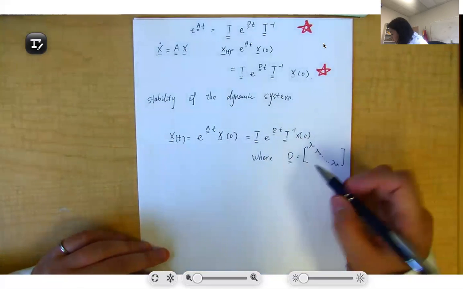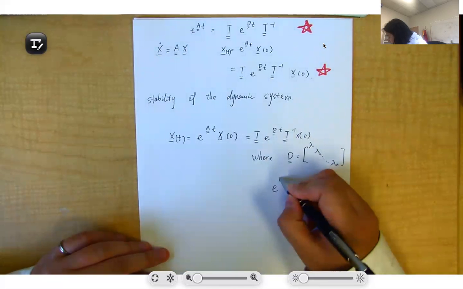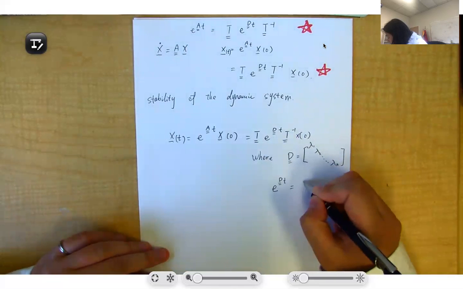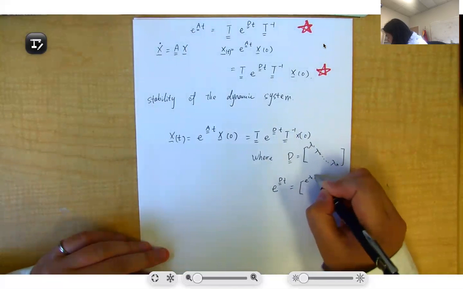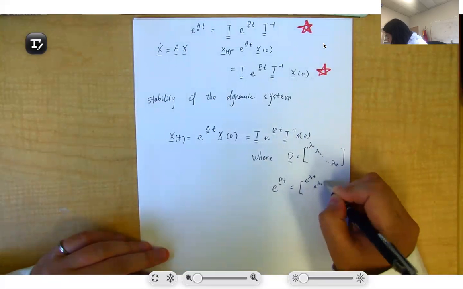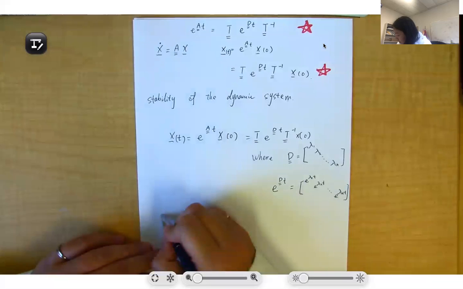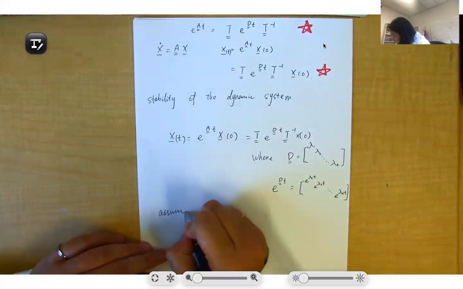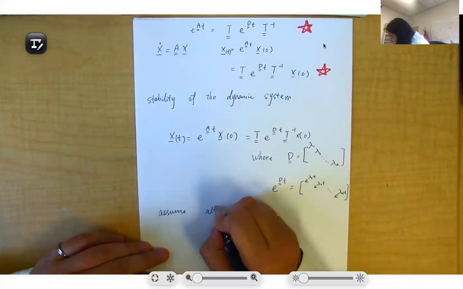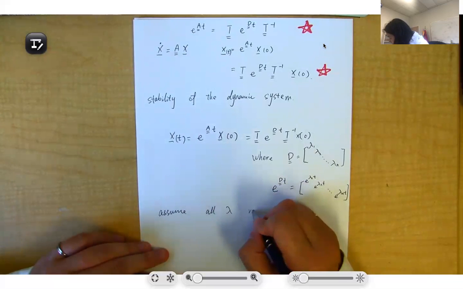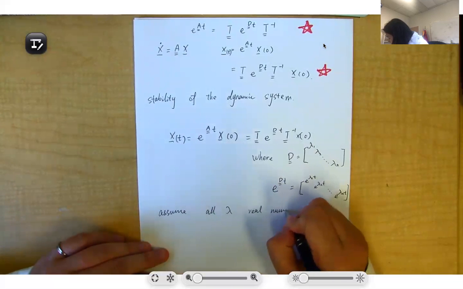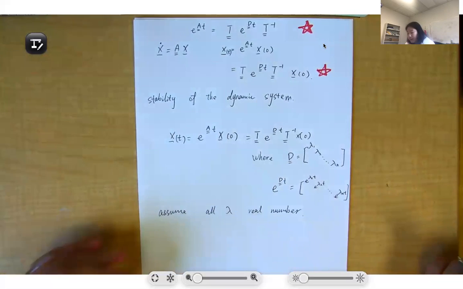And e to the Dt will be equal to a diagonal matrix of e to the lambda 1 t, e to the lambda 2 t, dot to e to the lambda n t. And let's assume that all the lambdas are real numbers.